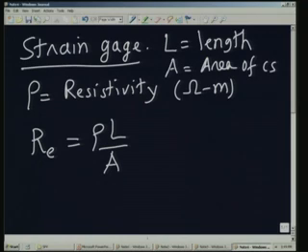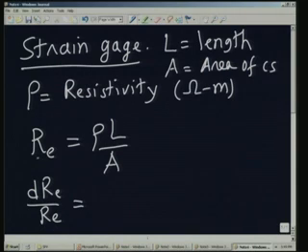So, now what is the change in the resistance? I can again use a logarithmic differentiation. So, logarithmic differentiation if you use, you get dRe by Re. What do I mean by logarithmic differentiation?